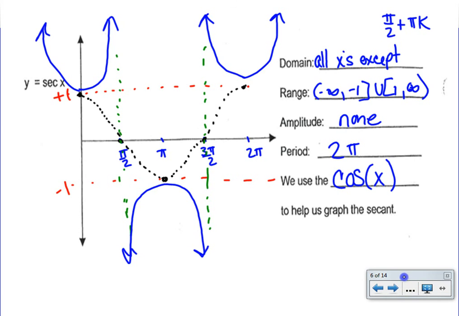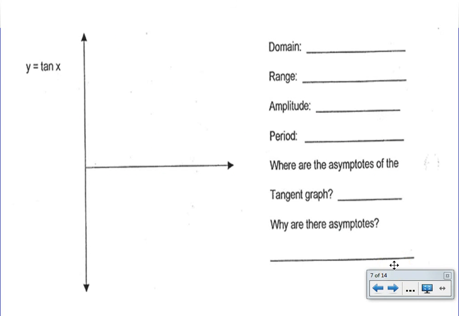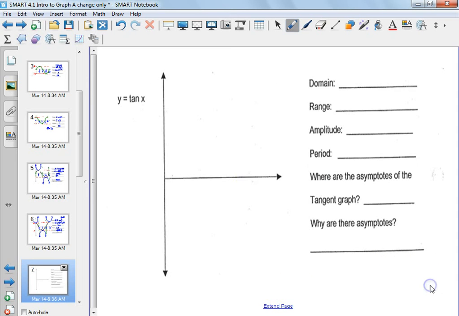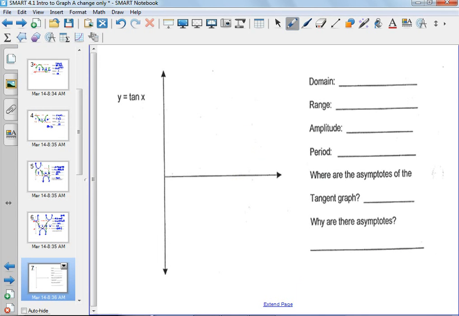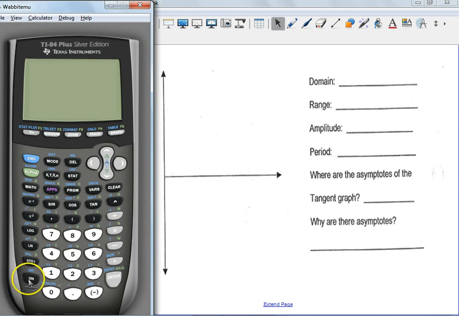Are we good to change? Okay, tangent. Tangent is an oddball. Go ahead and grab your calculator and type in tangent. Now, if you have an older calculator, you might see something a little different than what mine is about to show. Ooh, look at that.